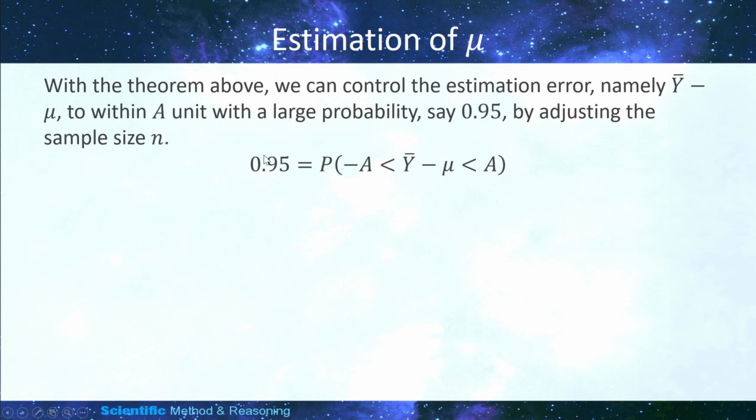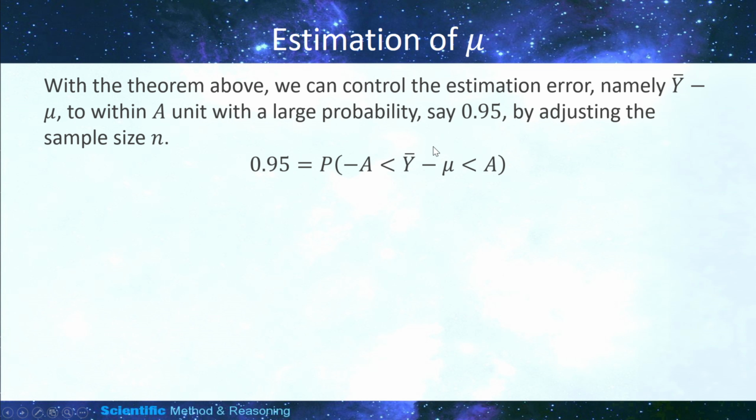So with 0.95 probability content, the estimation error would be between minus a and a. That is what we call within a unit.